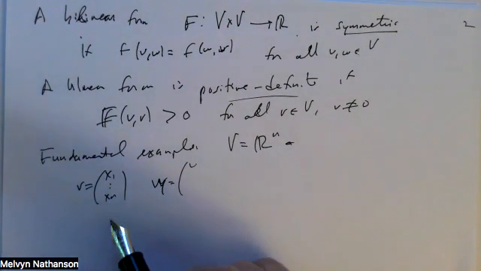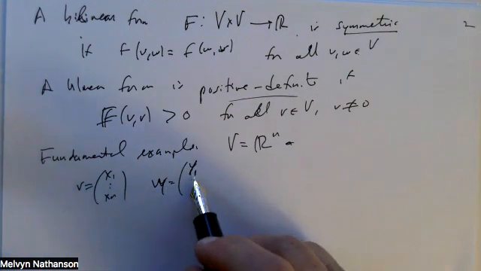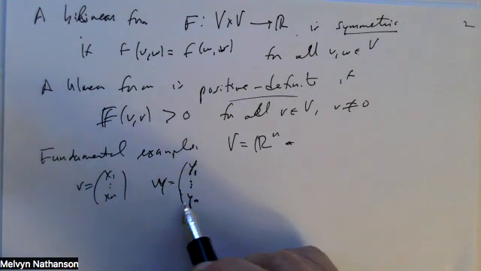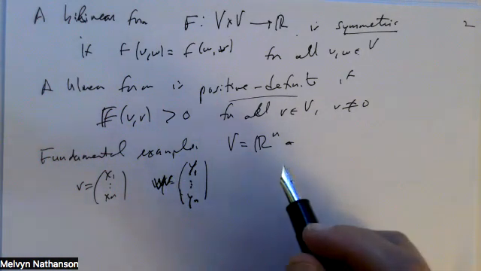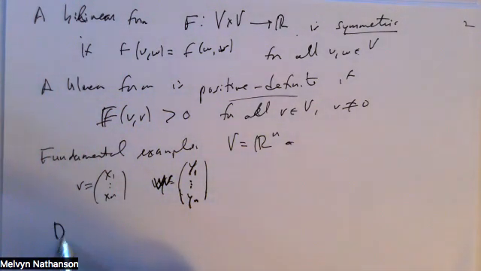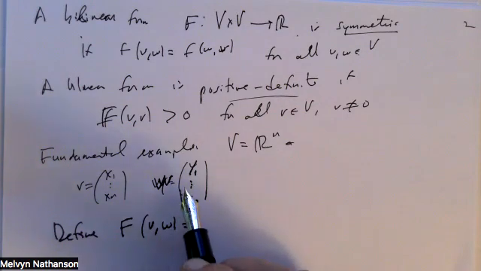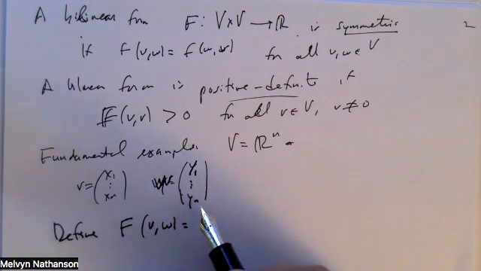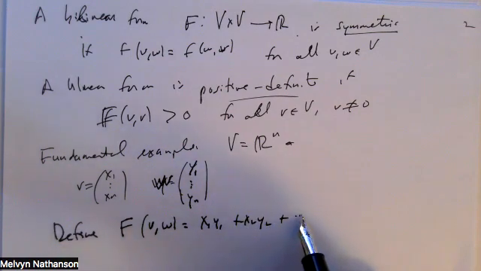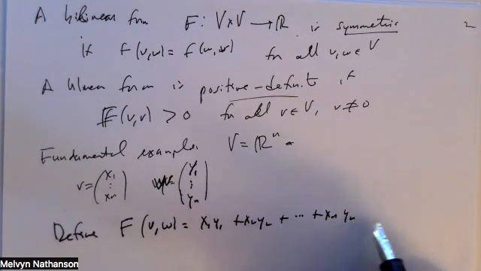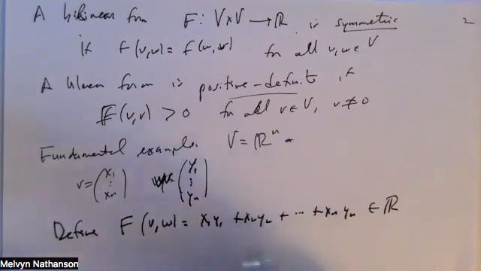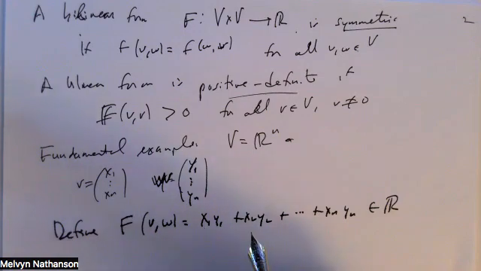So v has coordinates x1 up to xn, w has coordinates y1 down to yn. And we define f of the vector (v, w) to be the product of the coordinates summed. So you have x1 y1 plus x2 y2 plus ... plus xn yn. And this is a real number, because the x's and the y's, these coordinates, are real numbers.